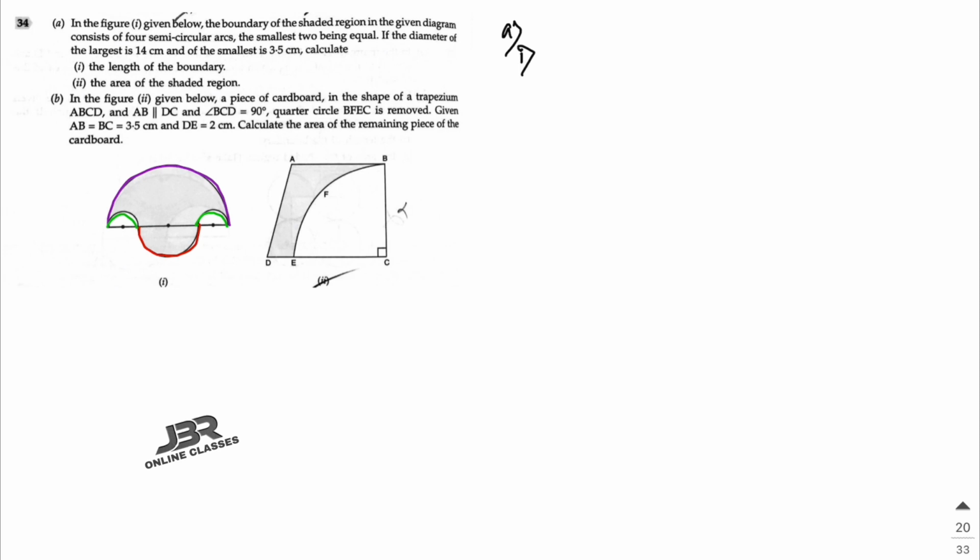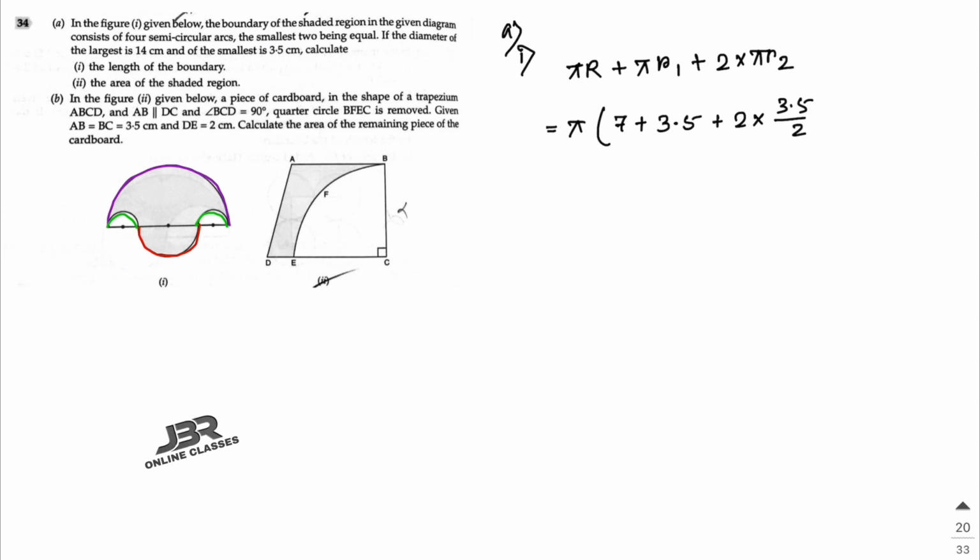The circumference of the purple one is pi R. Next, the circumference of the red one is pi r1, and the two green ones are 2 into pi r2. So pi is common, capital R is 7, r1 is 3.5, which is half of 7, and lastly 2 r2, that means 2 into 3.5 by 2.